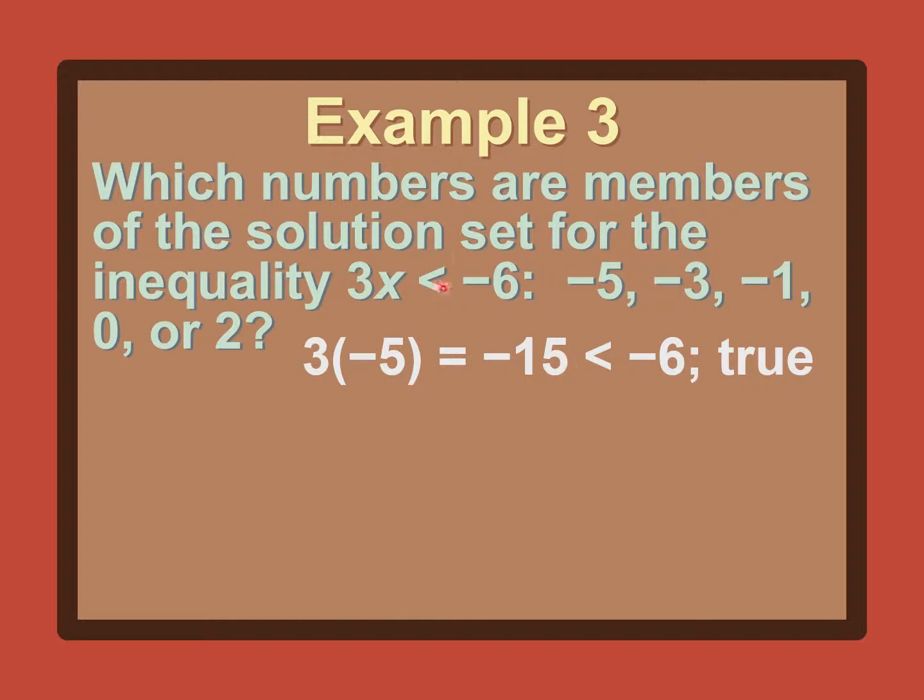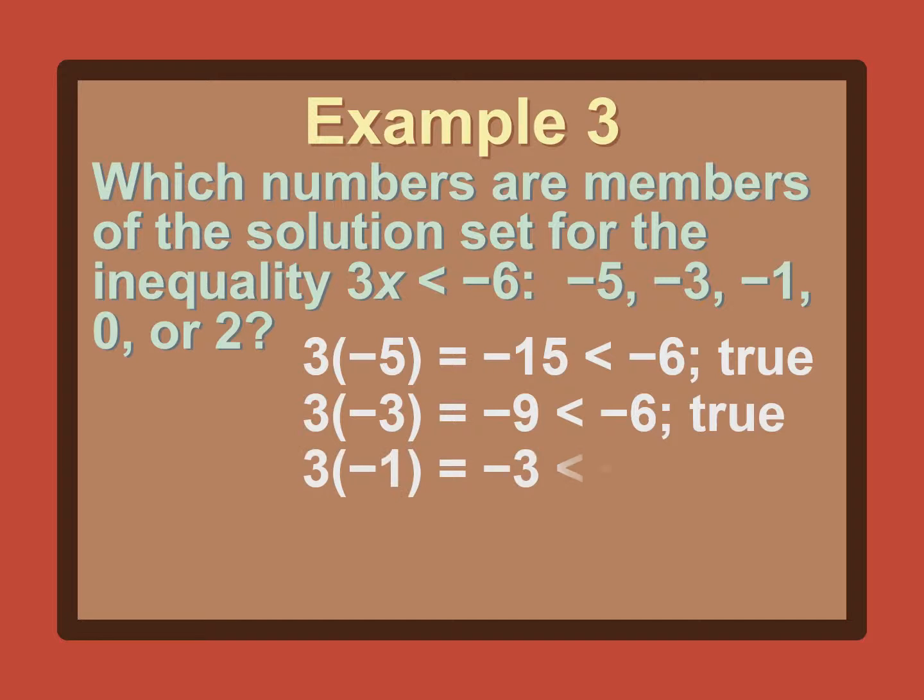And negative 15 is less than negative 6, so that one is true. If we were to plug in negative 3, we would have 3 times negative 3, that would give us negative 9. And since negative 9 is less than negative 6, that one is also true.